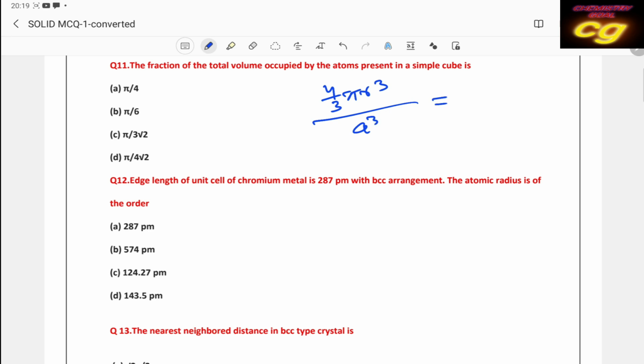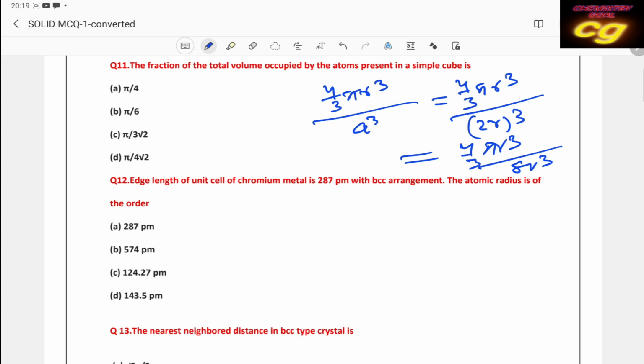As it is simple cubic, a is equal to 2r, so (2r) cube, which is equal to 4 by 3 pi r cube upon 8r cube. So which is the correct answer? 4 and 8 cancel, r cube is cancelled, so the answer is pi by 6, that is C. That is your correct answer, pi by 6.